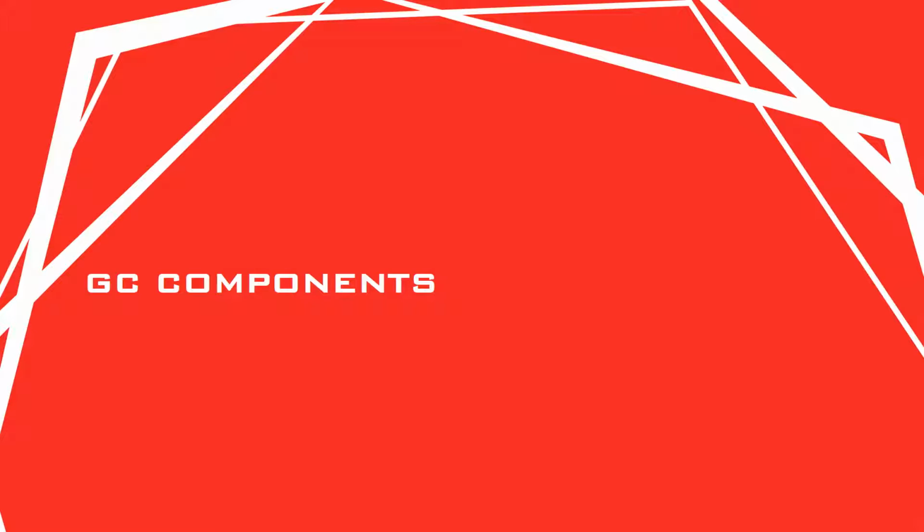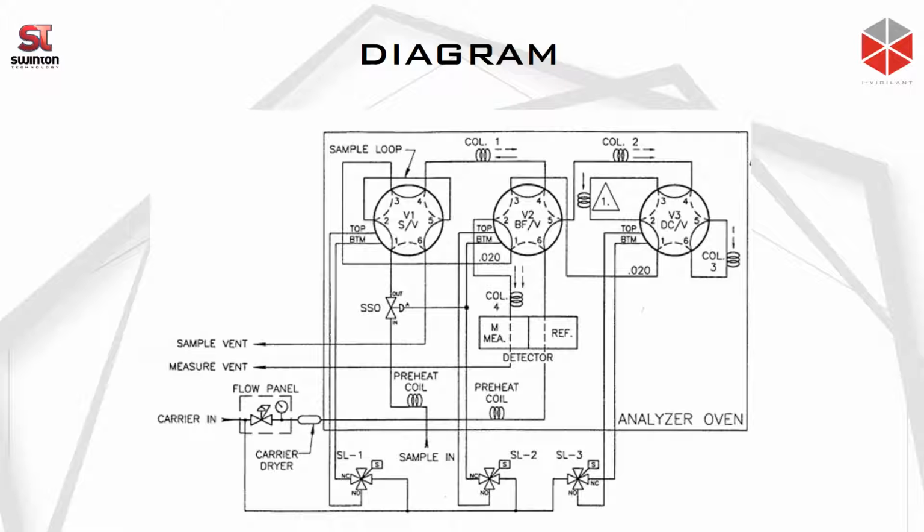Before we go and talk about the flow inside the GC column, I'm going to talk about the components that build the GC. This is a diagram of a Daniel GC. The components consist of the carrier gas, and we normally use helium as a carrier gas.